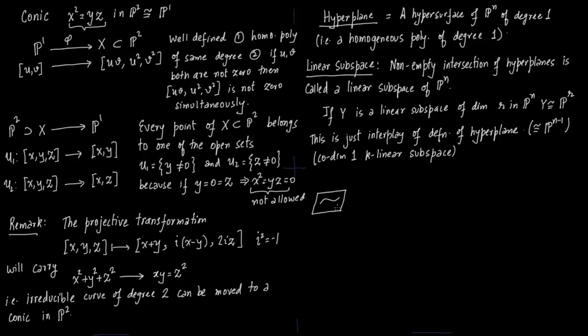Now the affine cone you can find again, if you have forgotten, on page 12 of Hartshorne. So basically you add one more dimension. So now you are making affine cones out of hyperplanes.